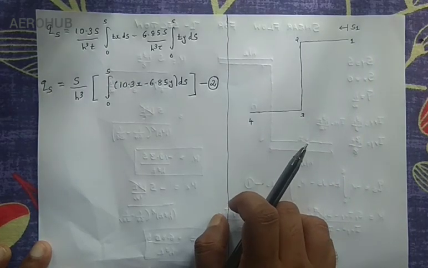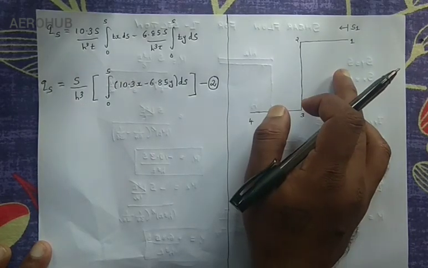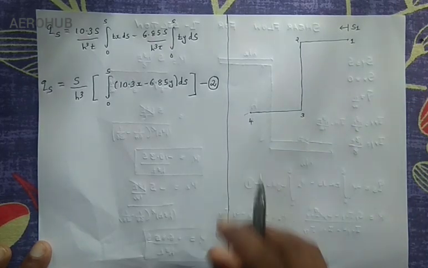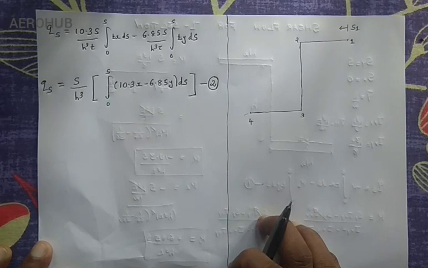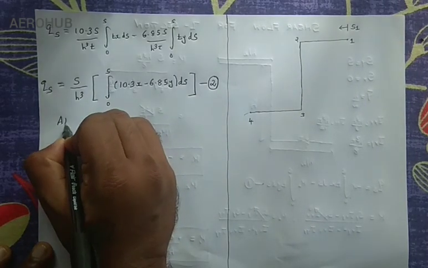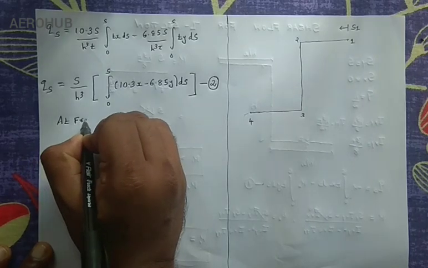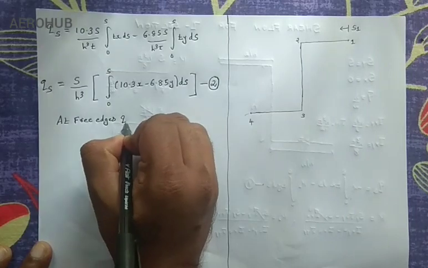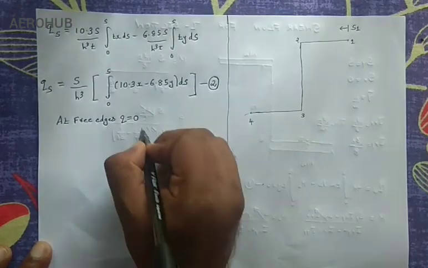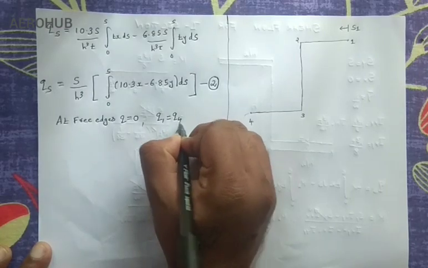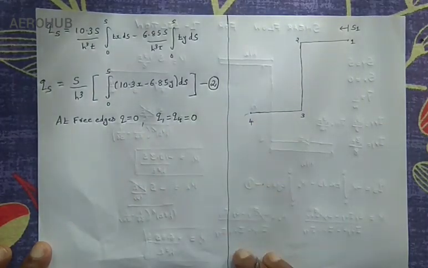And we have to understand that at the free edges of a section, the shear flow Q is always 0. That means Q1 is equal to Q4, which will be equal to 0.